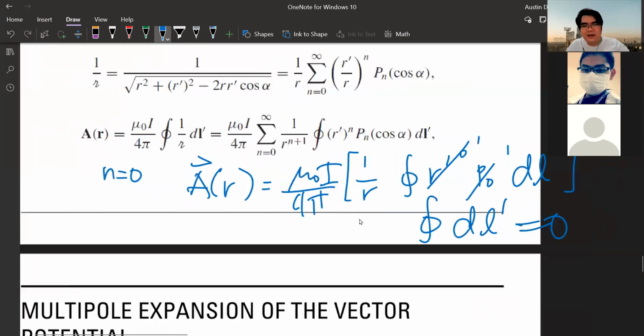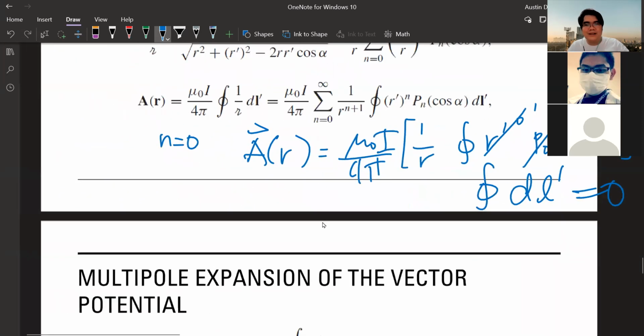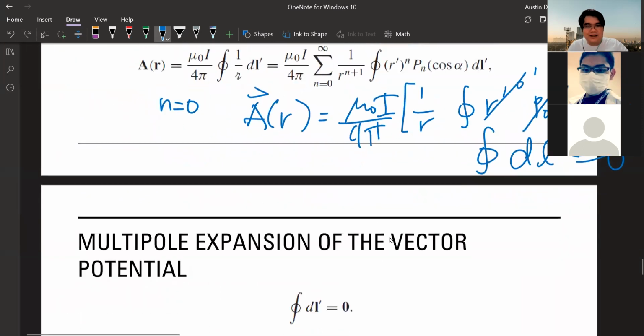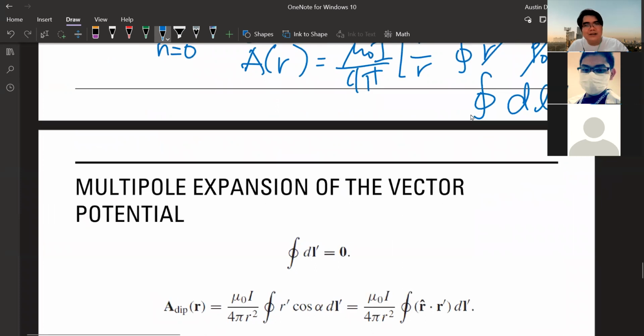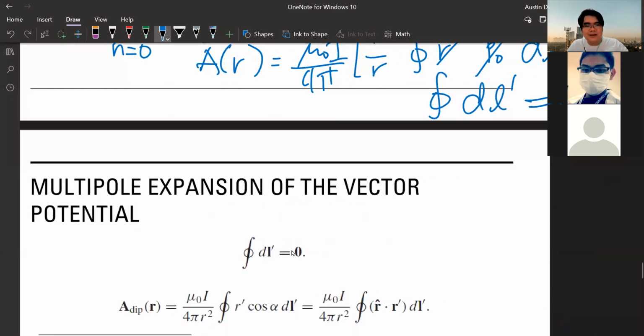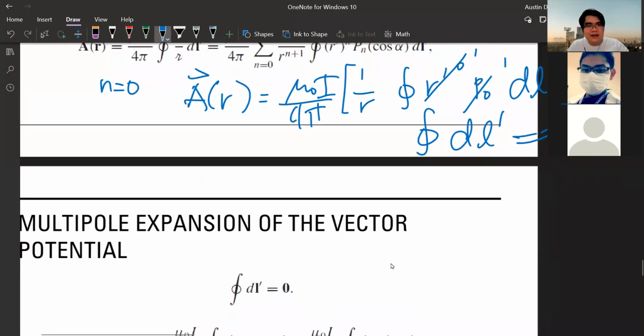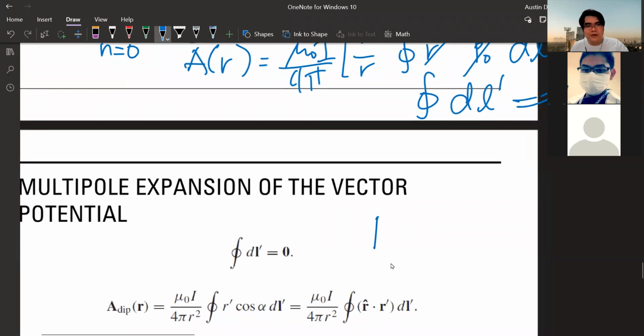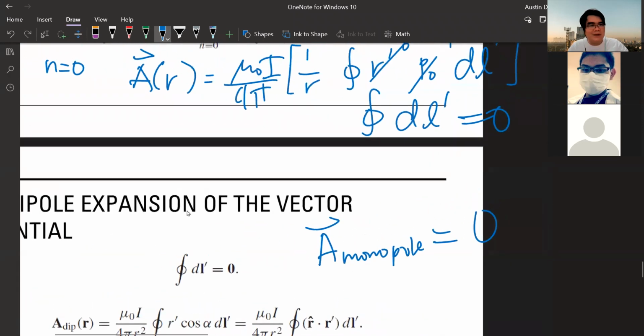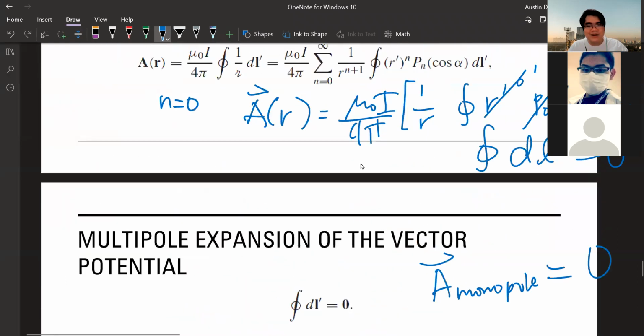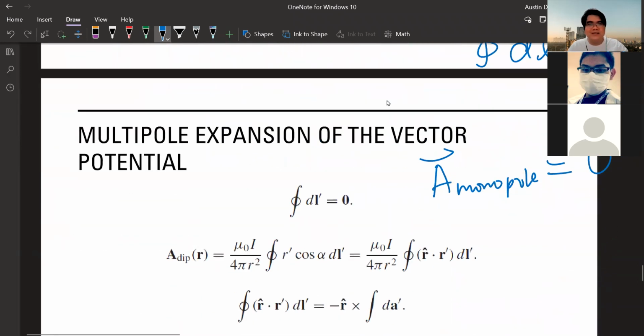Di ba? 0 lang yung closed integral ng line. Kasi, babalik ka sa starting point mo. Okay? So, that's 0. We have this. That's it. So, we know that the A monopole term is 0. Okay? So, parang wala talaga theoretically yung monopole na charge, magnetic charge mo, no?